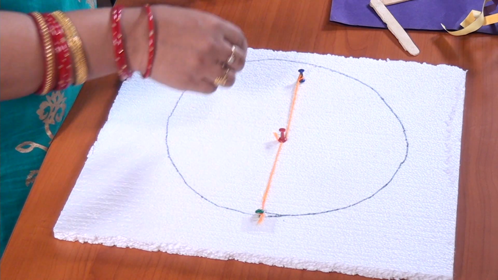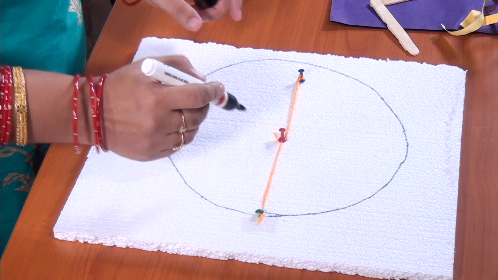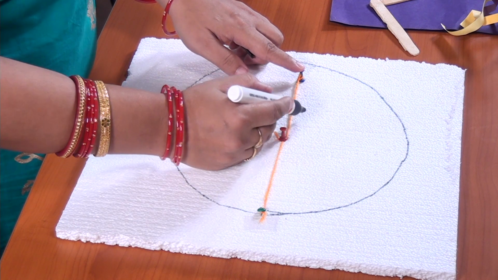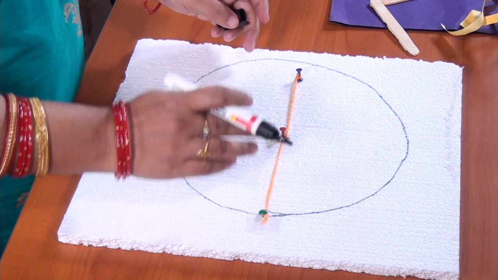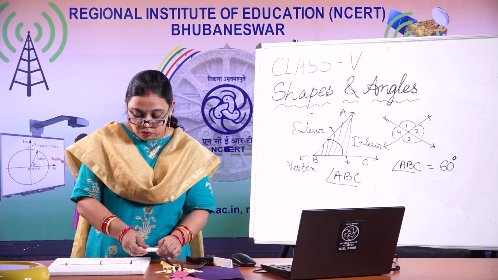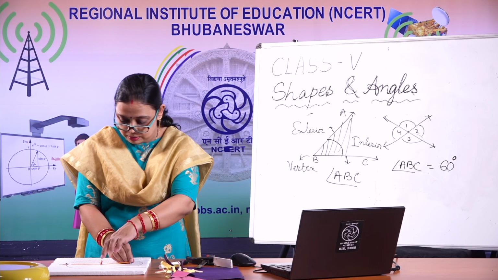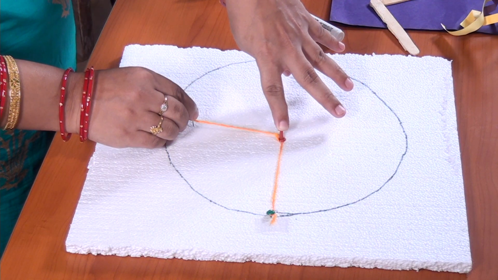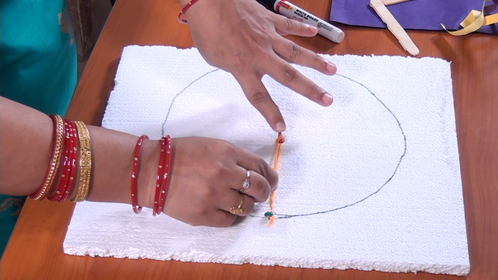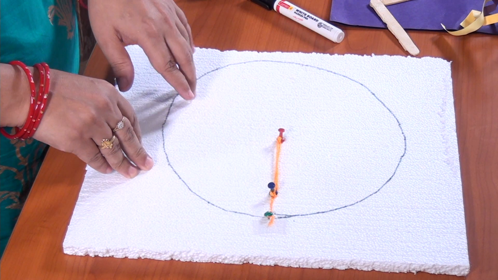Look here. Now, this is forming a straight line, making it a 180 degree angle. If we go on like this, increasing the angle, it will complete a full circle.